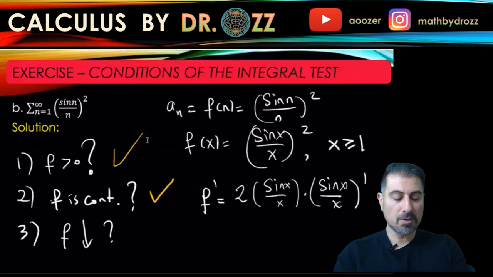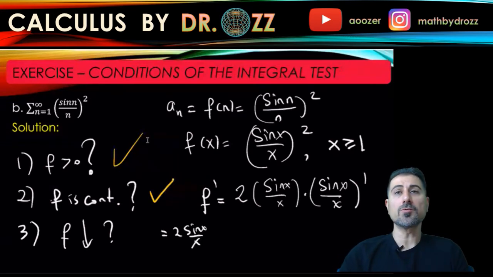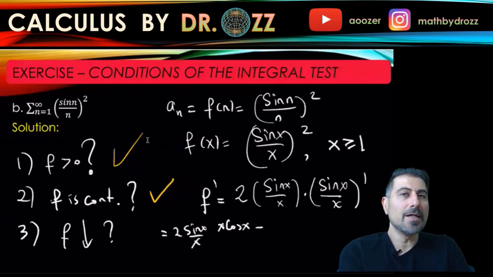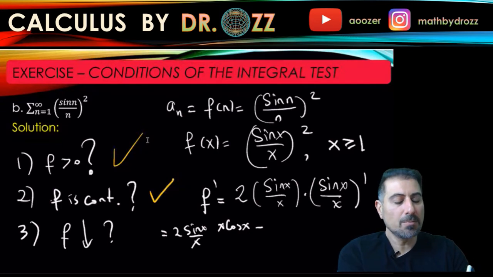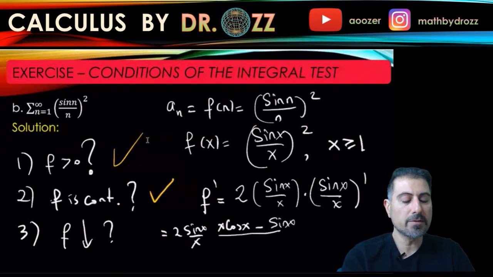Let me quickly go through that calculation, because I need to use the quotient rule to take the derivative of sine x over x. So it's the derivative of the top times the bottom minus the top times the derivative of the bottom. We generally put x in front of cosine so that we don't mix those x's. So x cosine x minus sine x, all divided by x squared.